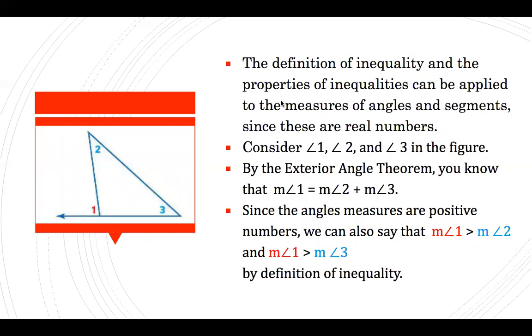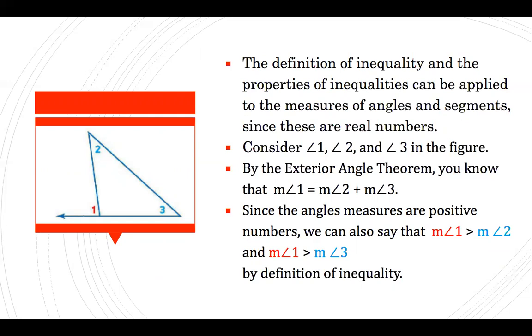So we need that information in order to help us with inequalities and triangles. So the definition of an inequality and the properties of inequalities can be applied to the measures of angles and segments because they are real numbers. And so if you look at this picture on the left, we're looking at angle 1, 2, and 3. Exterior angle theorem, which we talked about way on the first day we started triangles, says that the measure of angle 1 is equal to the measure of angle 2 plus the measure of angle 3, right?